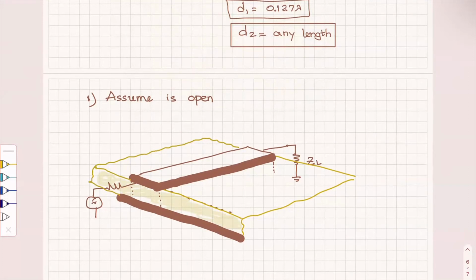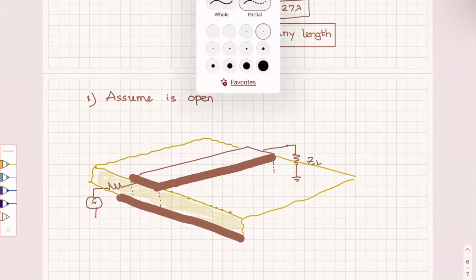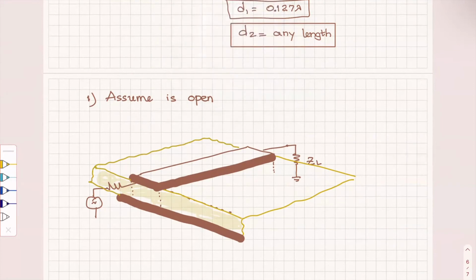If I were gonna make a stub, if you see the strip lines, I will make it on the top, all right, on this microstrip. So for example, if I'm gonna make a stub, I will have to go by a distance D1 on the line, D1, as I found. Then cut the microstrip there.